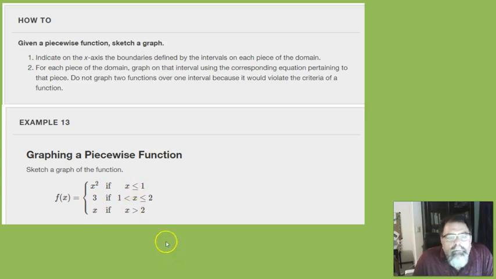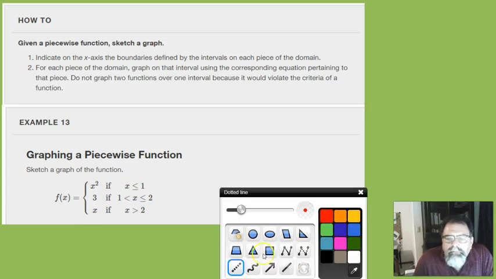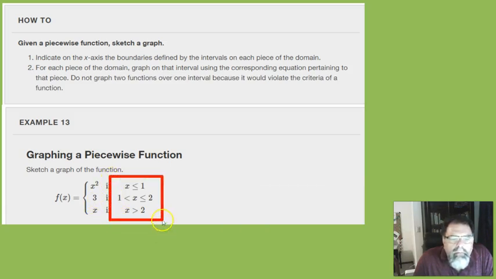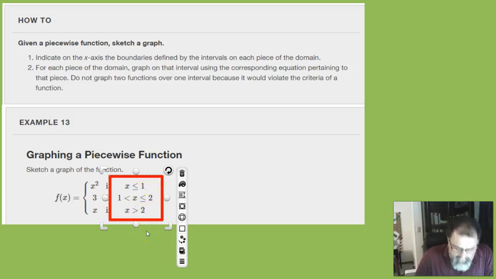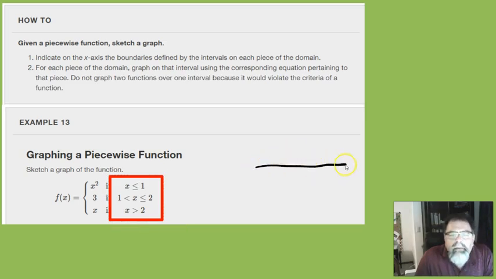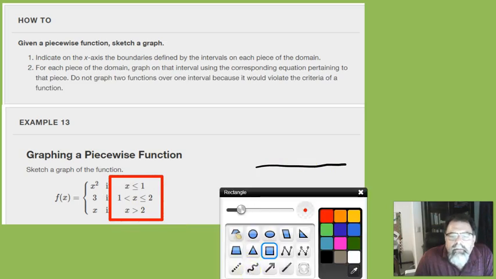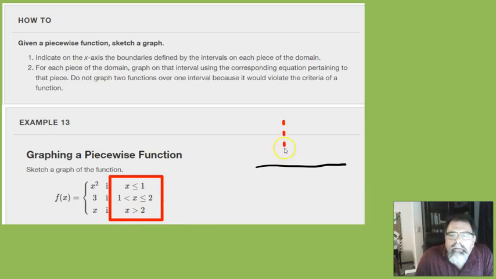Okay? So the first step is I always look at this portion right here. That's how I'm going to split my x-axis. So if you think of it this way, we're going to have x less than or equal to 1, and then to 2.